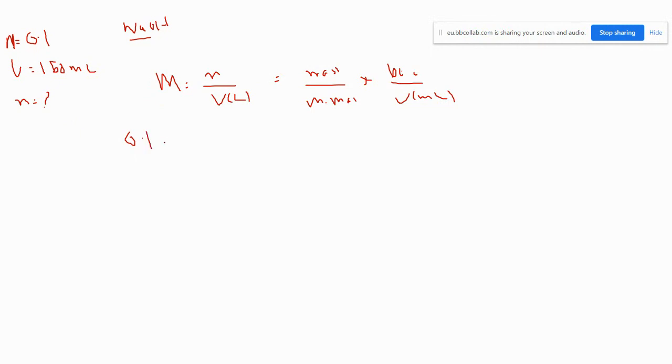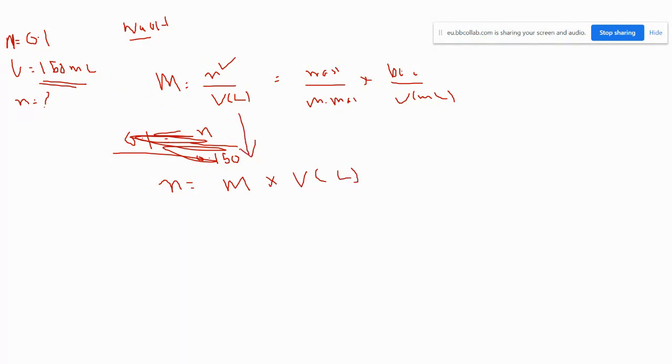But here molarity is 0.1. Moles we don't know. And volume in liters, how much? 0.150. Okay, forget about this one for a while. So we need moles. So moles is equal to molarity into volume in liters.